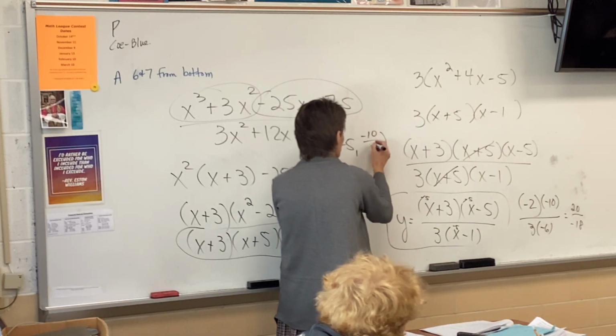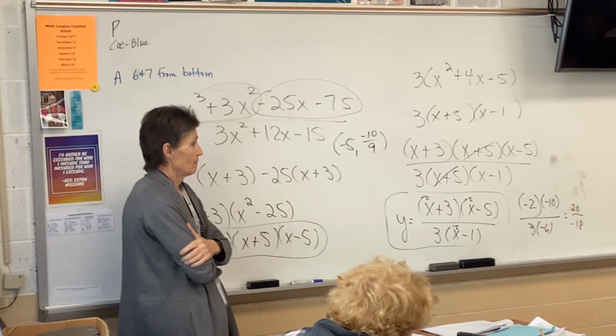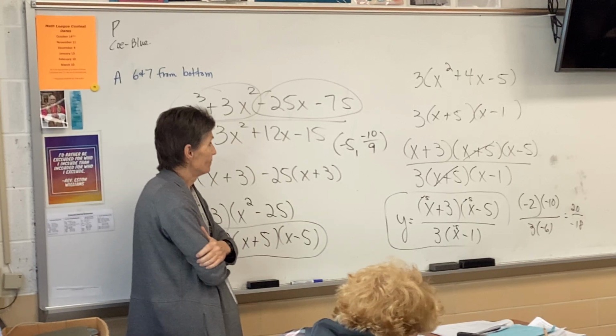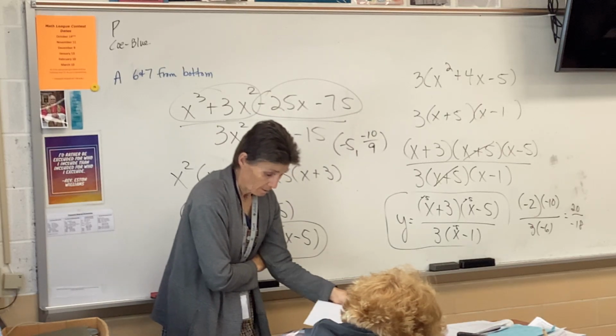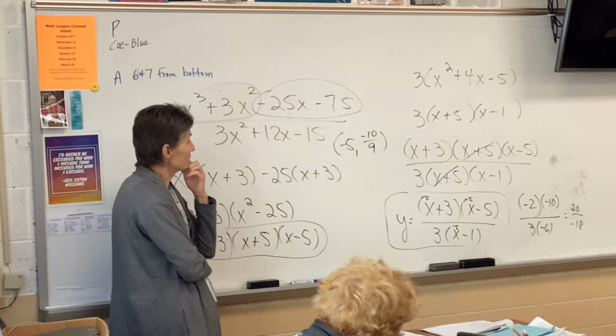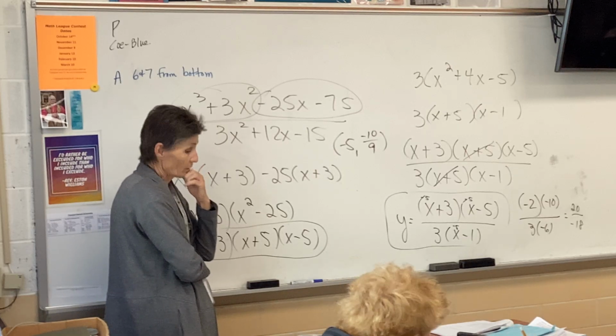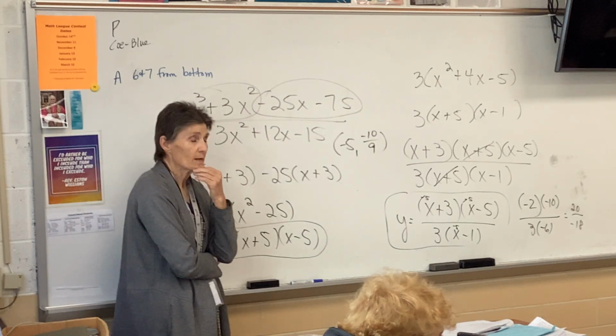I got negative 10 ninths. Anybody else get that when I reduce the fraction? You're not graphing that one, you're just figuring out where the hole is. We're gonna keep factoring until we figure it out.